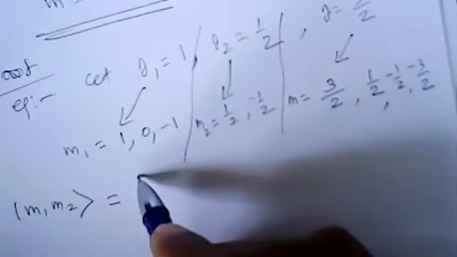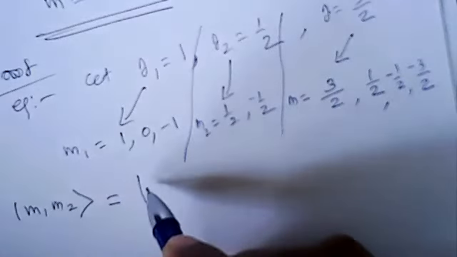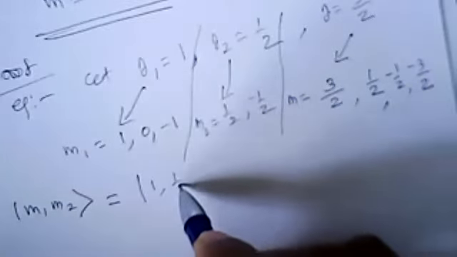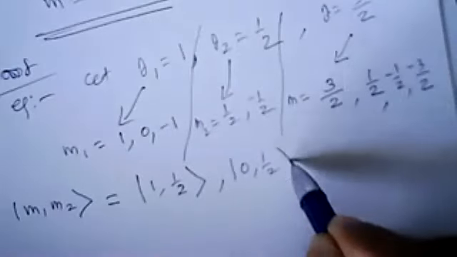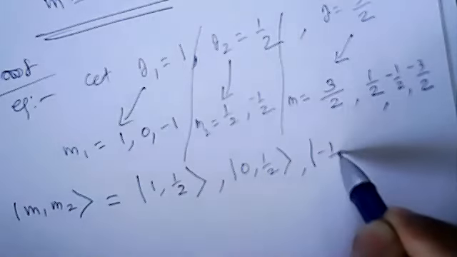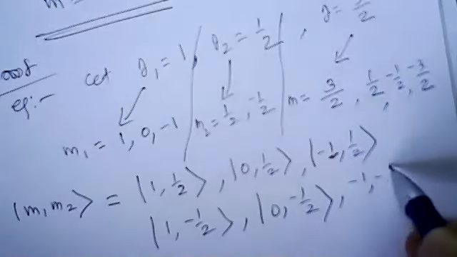Okay, corresponding to J1 equal to 1, we have half, then 0 half, minus 1 half, and 1 minus half, 0 minus half, minus 1 minus half.